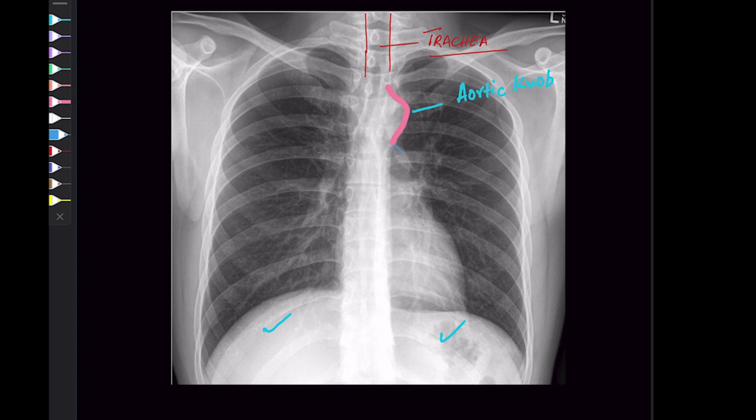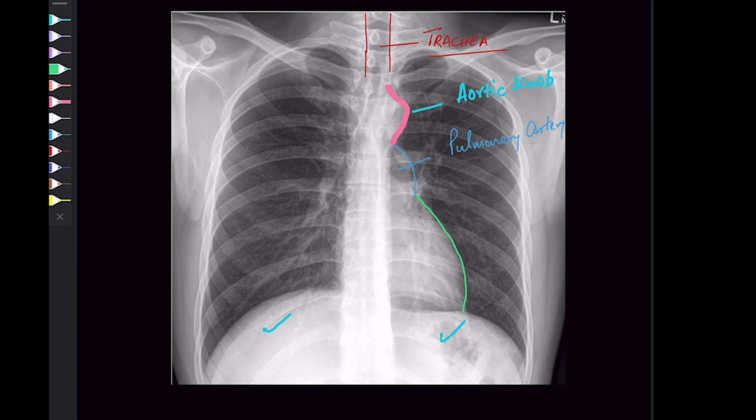Then we can see this is an area where we can see the pulmonary artery. And after saying that, now let's look at this. We are looking at what?